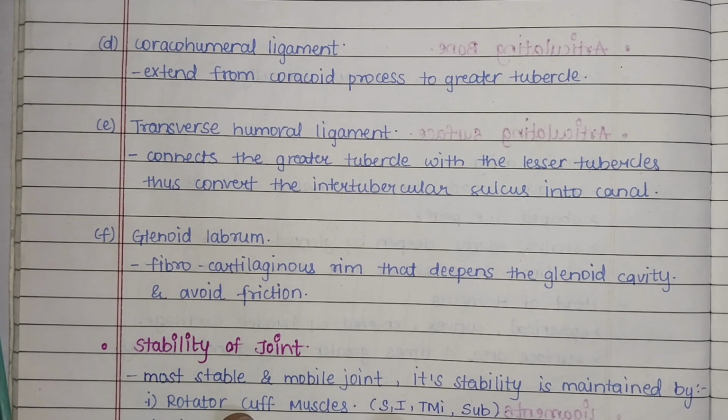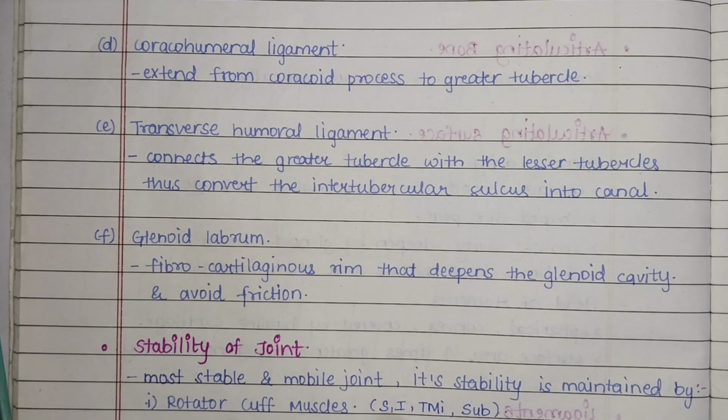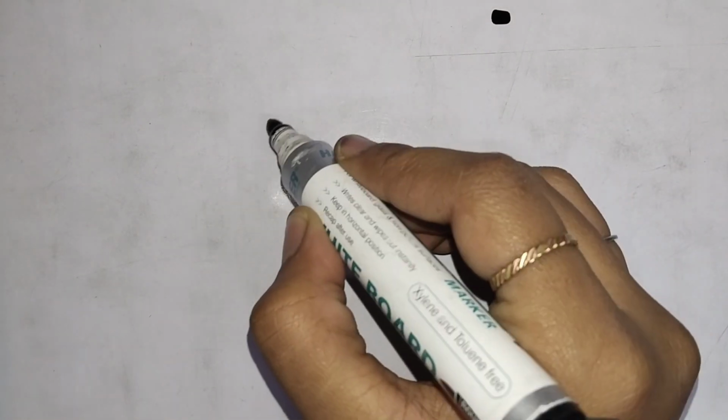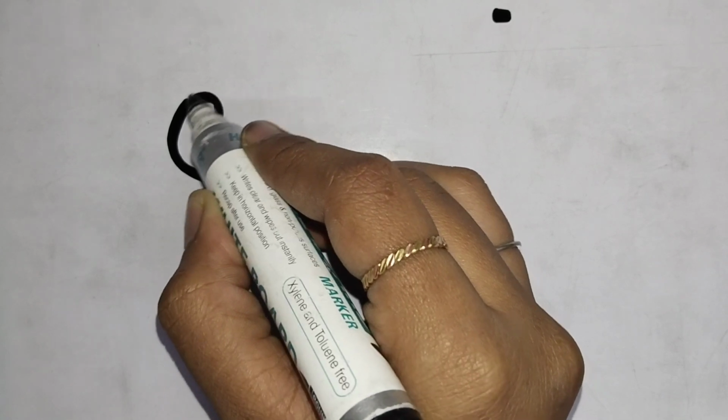Now let's take a quick revision towards the diagram of the ligaments of the shoulder joint. So let's mark the borders first. Here I have marked the border. Now I'll be drawing the glenoid cavity here. So this is my glenoid cavity.